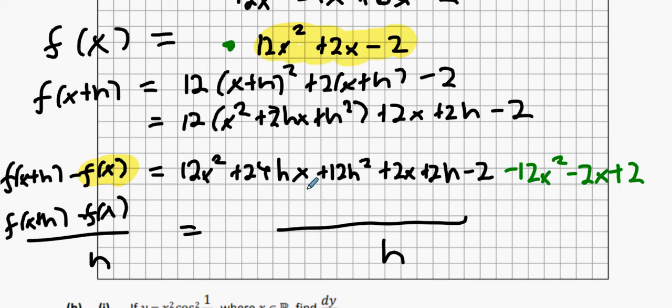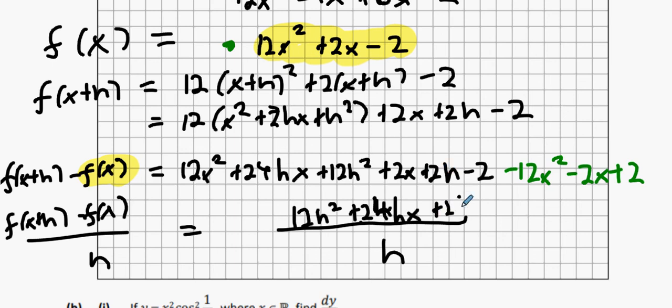It's going to be 12h squared. We're also going to have the 24hx, and then we're going to have the 2h here.